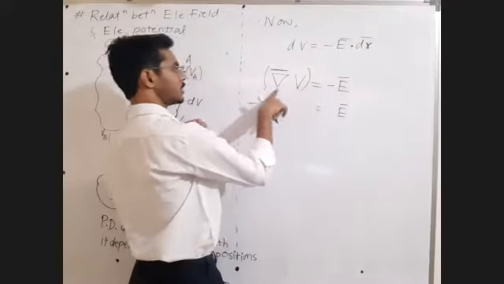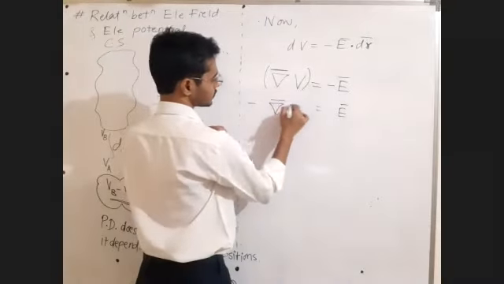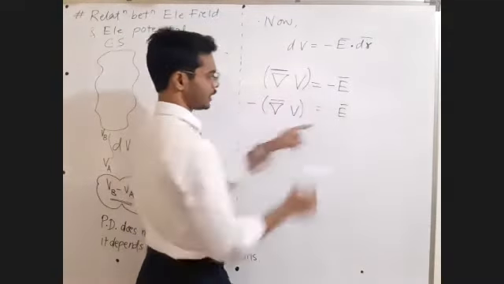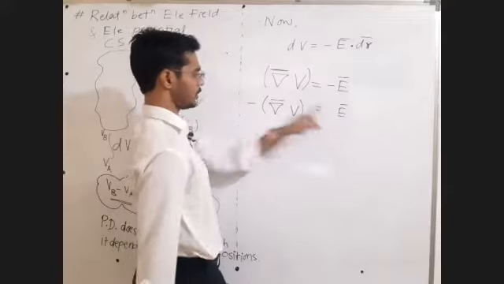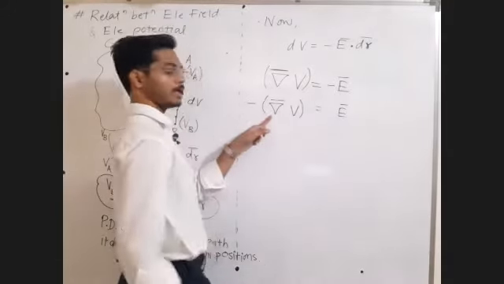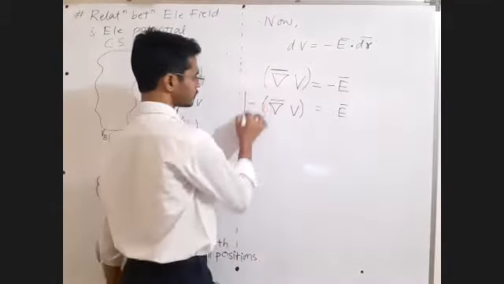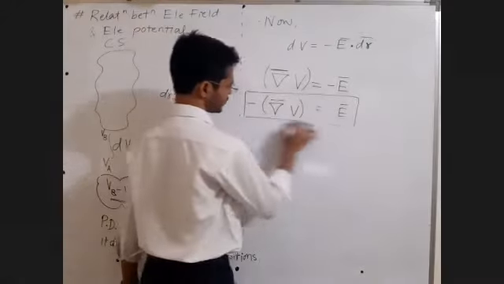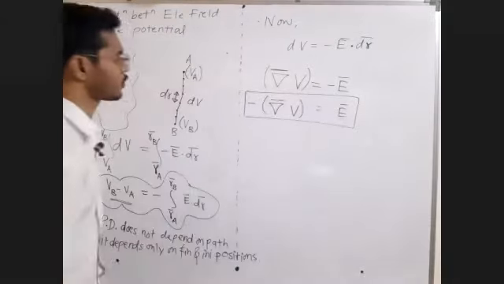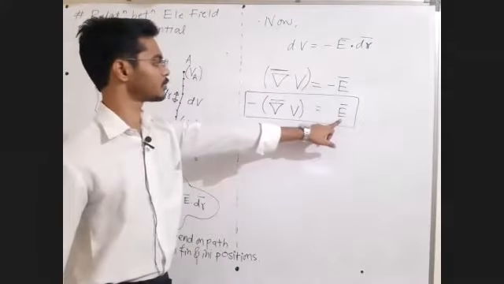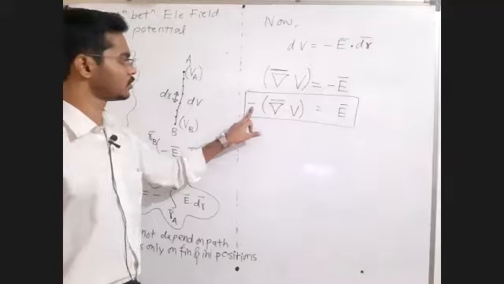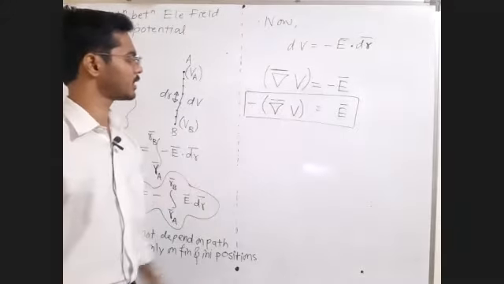Potential. Potential gradient. So the electric field at a given point is the negative potential gradient at that point.